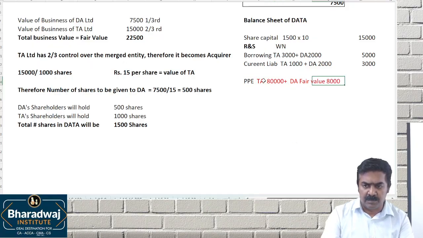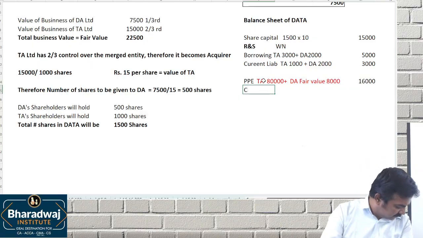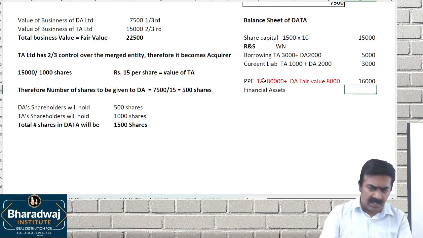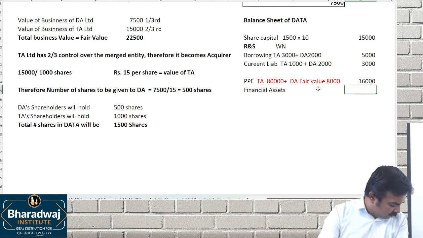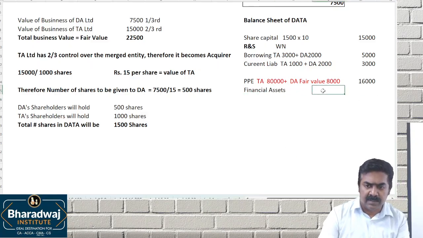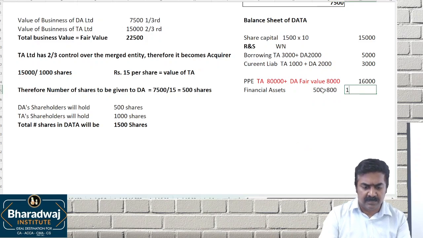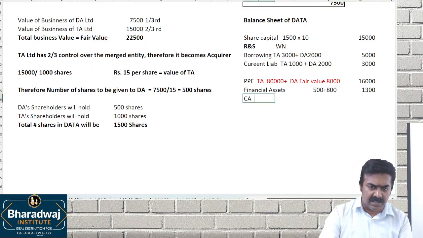So total will be 16,000. Then what is the next one? Financial assets. Same book value I think. 900 plus 500 plus 800, what will it be? 1,300 will continue.